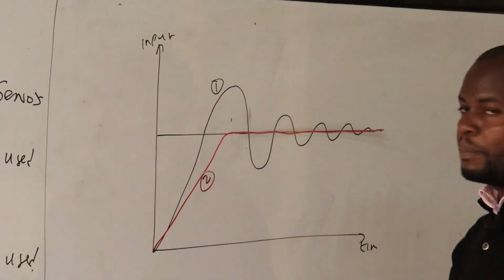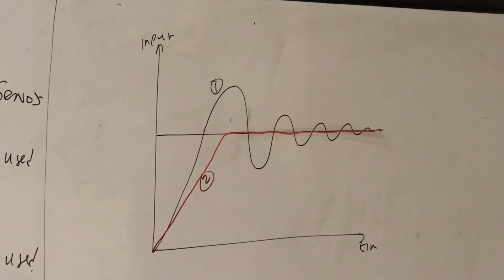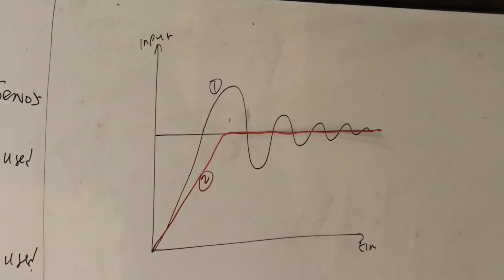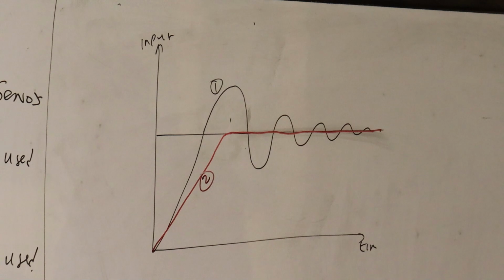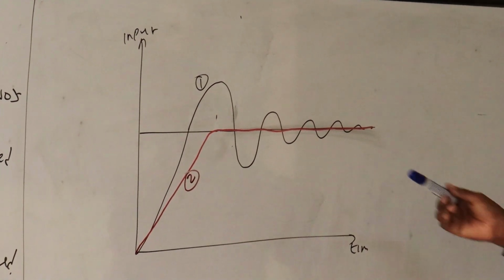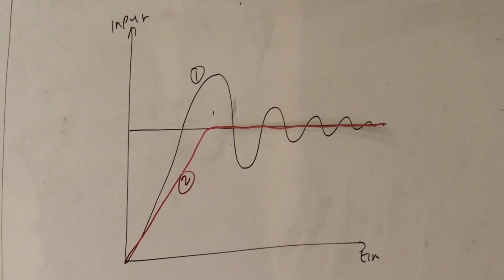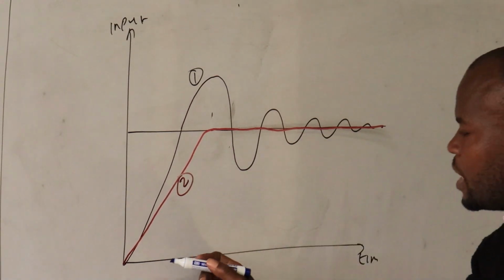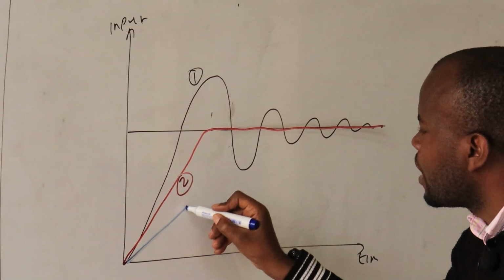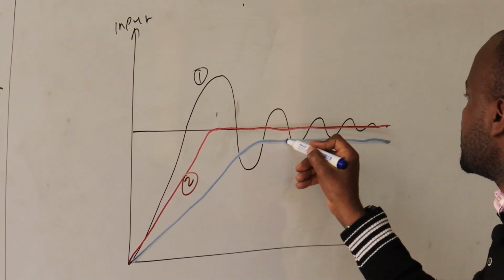That red one represents a critically damped system, number 2. In the third case, if the system is overdamped, it will not even reach the step value before it settles.